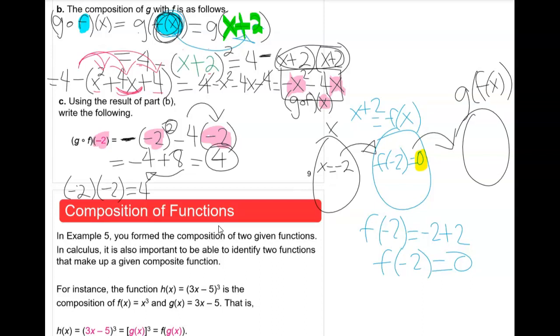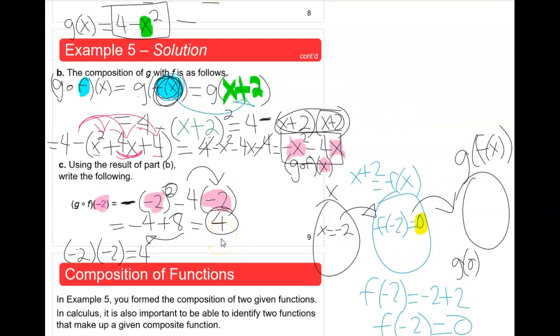So then if we find g of 0, we could take the equation for g, which is right here. So now if we find g of 0, remember 0 because that's what came from here. So if we substitute, well, actually I need an equal sign first, 4 minus 0 squared, and the answer is 4.